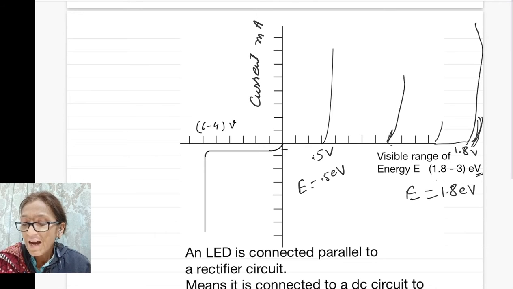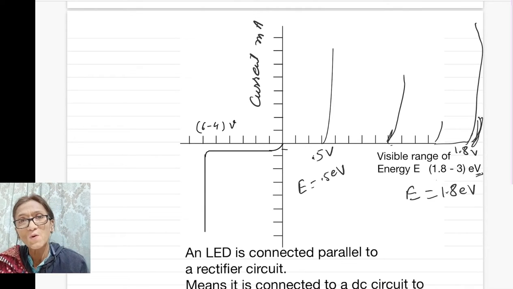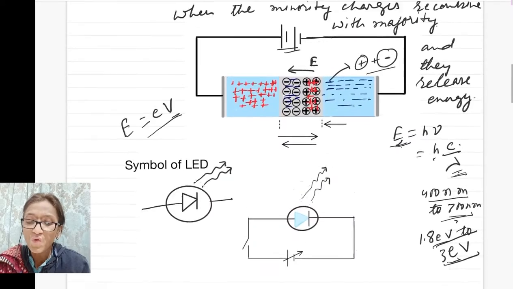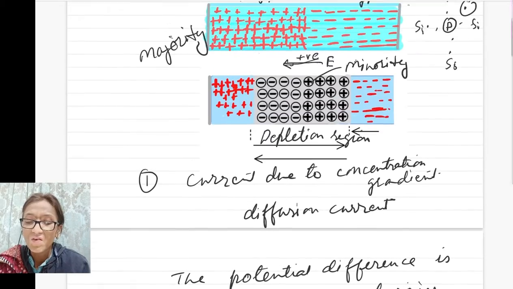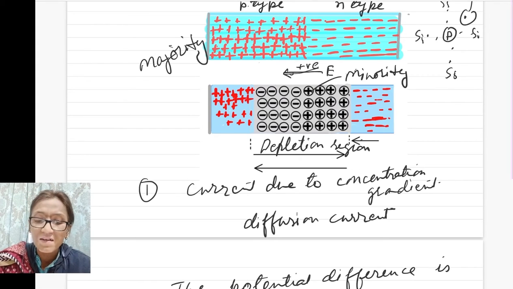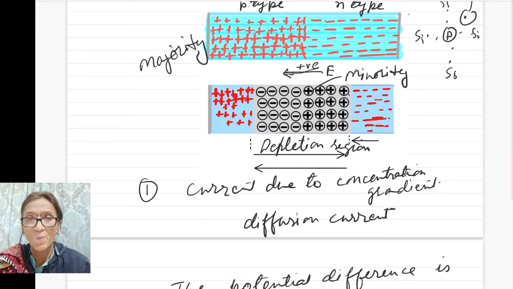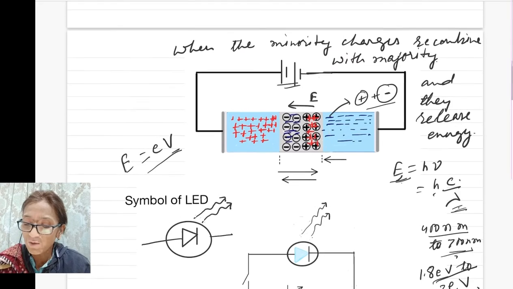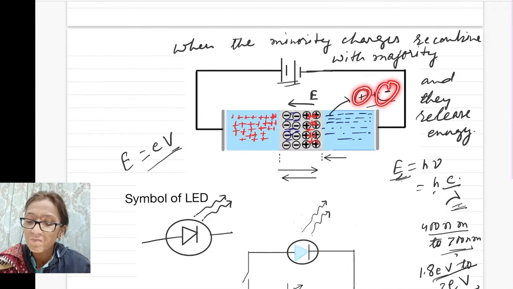And in this region, how does current flow? Current flows such that the majority charges go from one side to another side and become minority, and then these charges recombine with the majority charges here. Recombination takes place and energy is released.